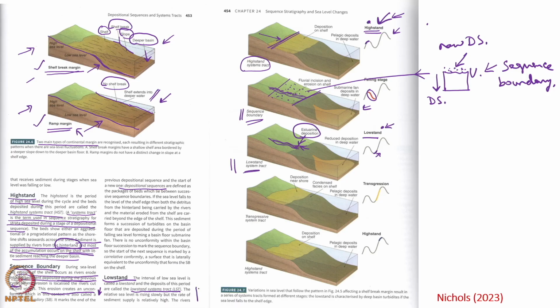During this time of low stand, the relative sea level is rising slowly. Here it is rising slowly, and here in future, for example in transgression, it is going to rise very fast.